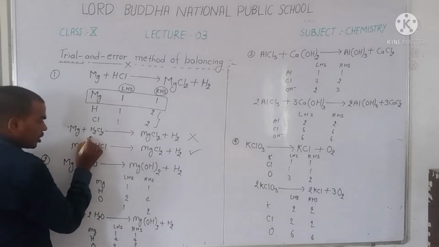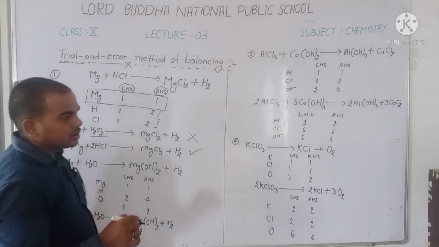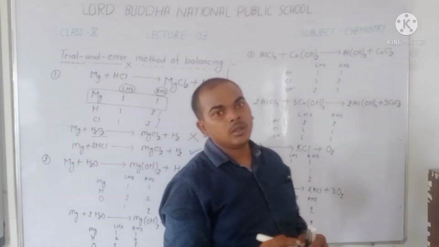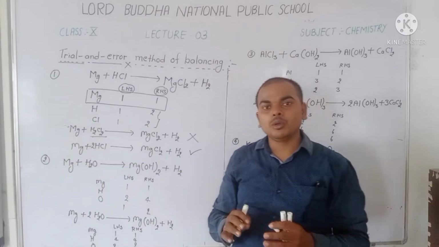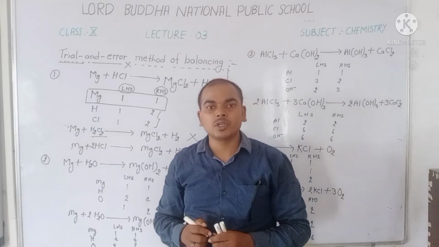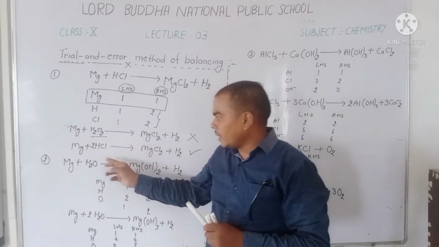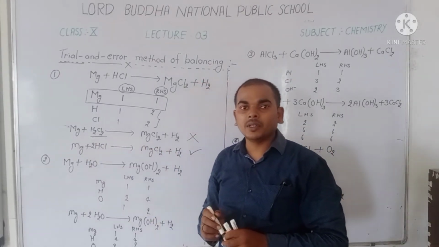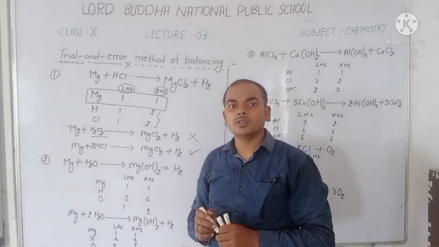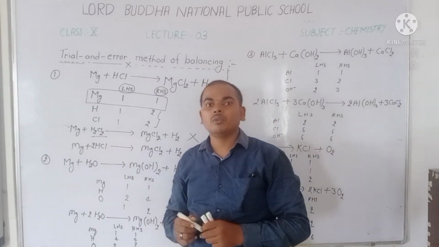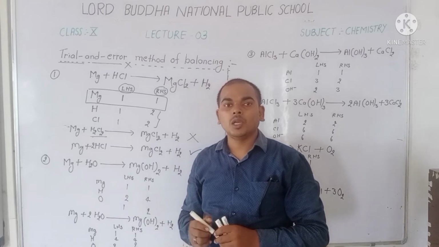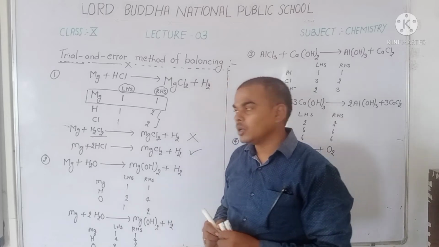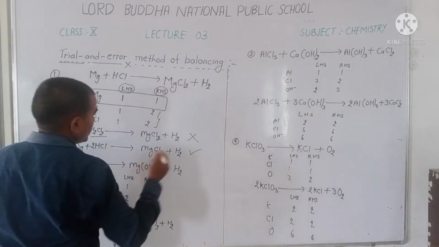But this is a wrong method, because according to the concept of balancing an equation, on the reactant side you don't change the subscript of any reactant. So this method is wrong.